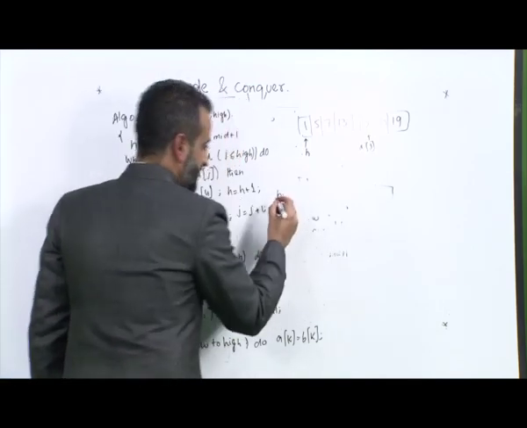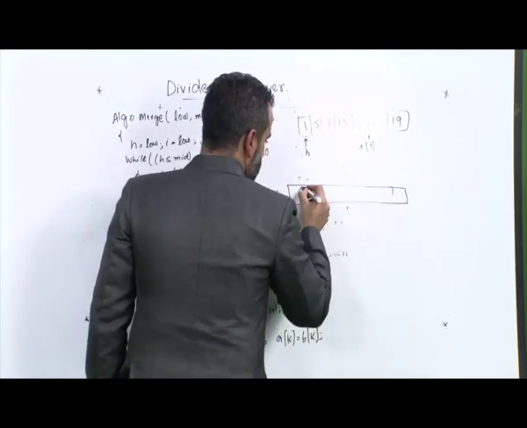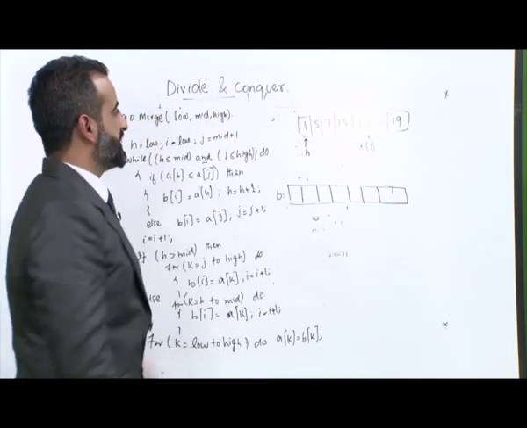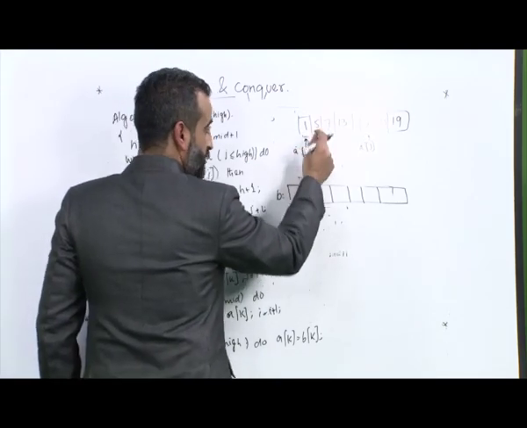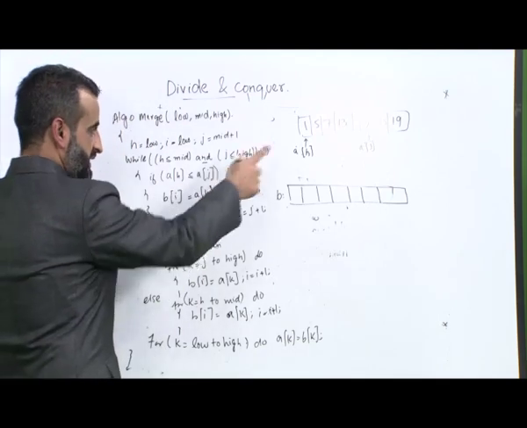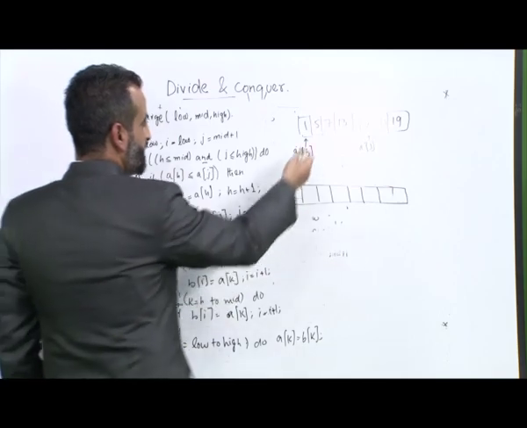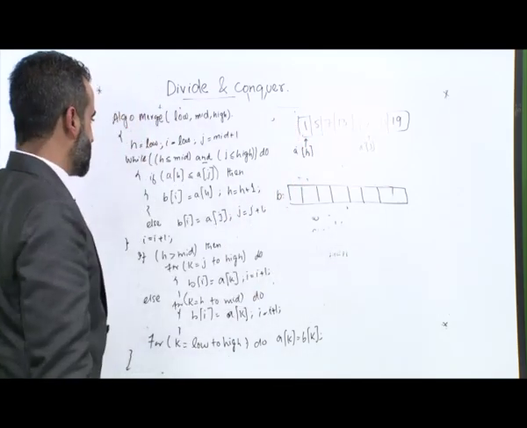This is my auxiliary array B. It's a global array. If A of h is smaller than A of j, which it is, since 1 is smaller than 2, then I will simply copy this A of h and place it in my auxiliary B array.